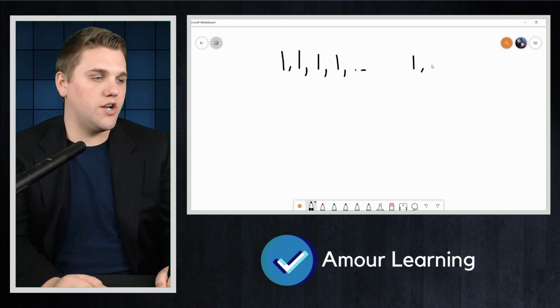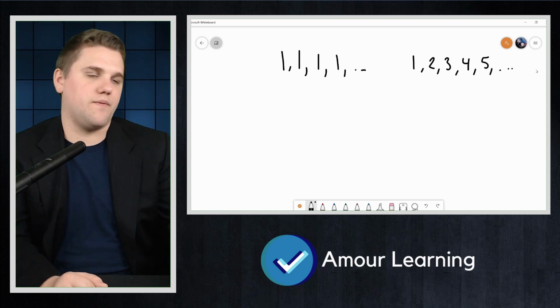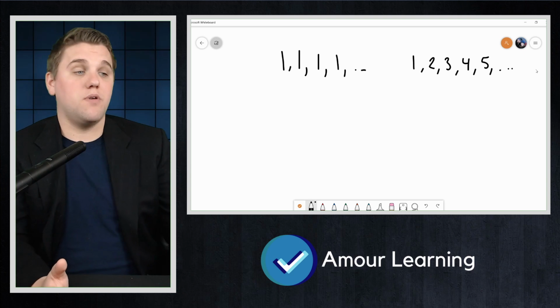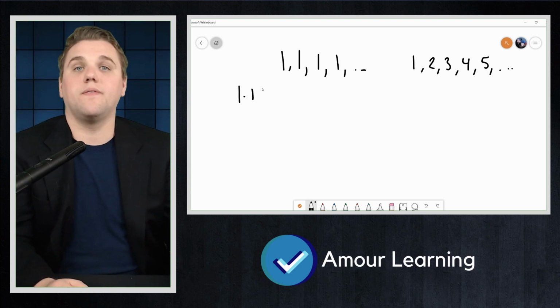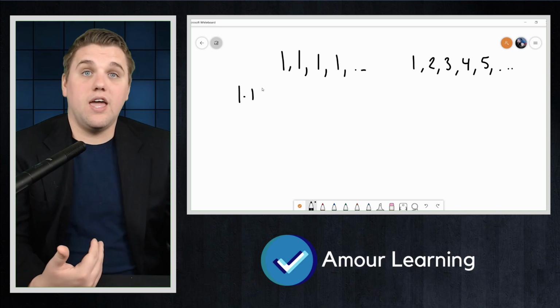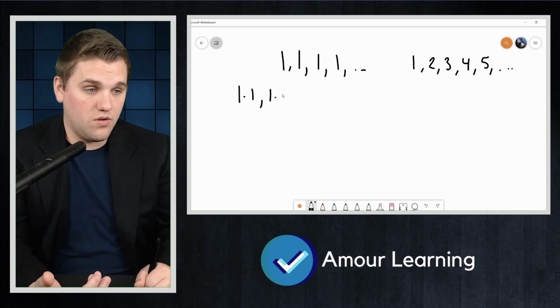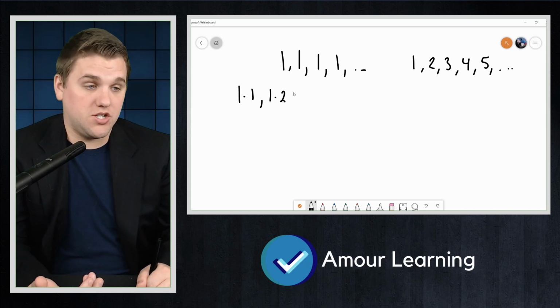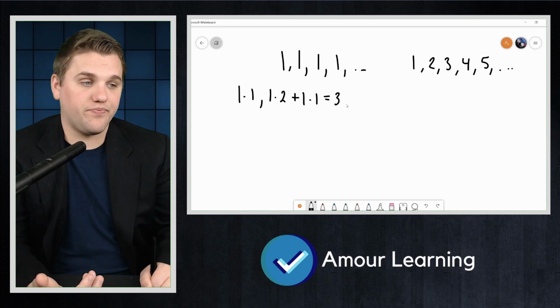And let's do 1, 2, 3, 4, 5, and so on. The first term, if we multiply these two sequences, would be 1 times 1. Then the second term would be 1 times 2 plus 1 times 1, which, by the way, is 3.